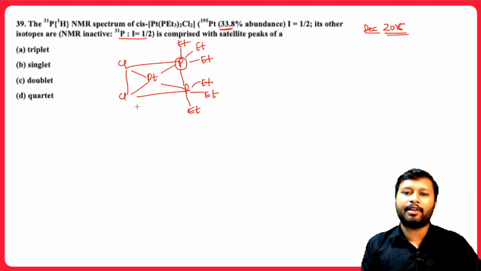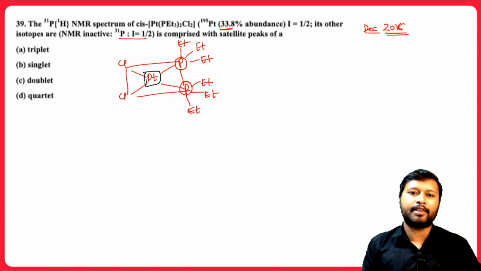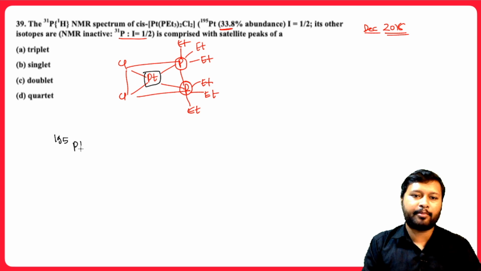Only NMR active element in the whole complex is platinum, because both these phosphorus are equivalent. If both of them are equivalent, this platinum is going to cause splitting. In how many lines? Again the satellite peak concept is going to come, because you have two types of isotope: 195 platinum, which has I value half, abundance 33.8%.